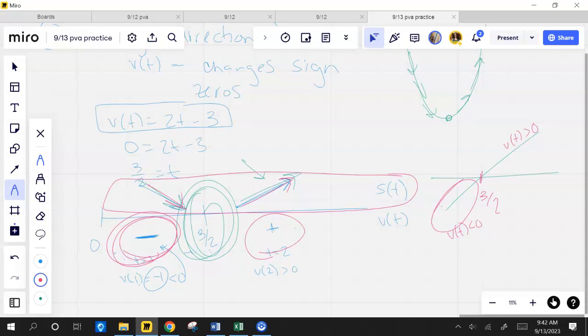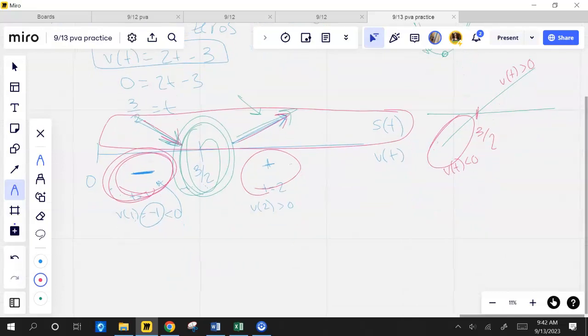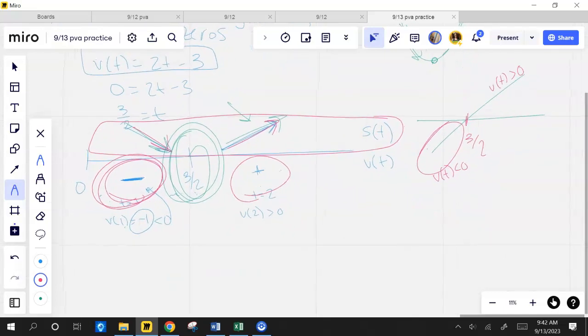Yes, you would say it never changes direction. All right, so here's something else for you to add. A minimum. This is justification when they ask you why or how you need to find it.